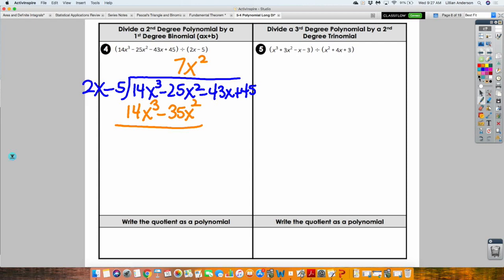Then I change the sign. Negative 25x squared plus 35x squared becomes 10x squared. Right? Then you drop down the negative 43x.